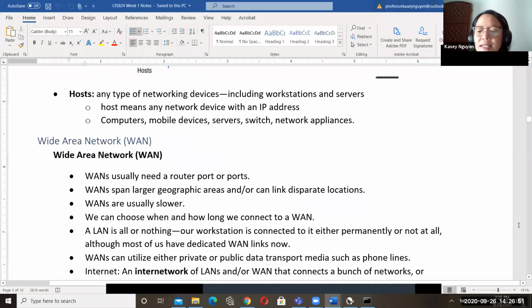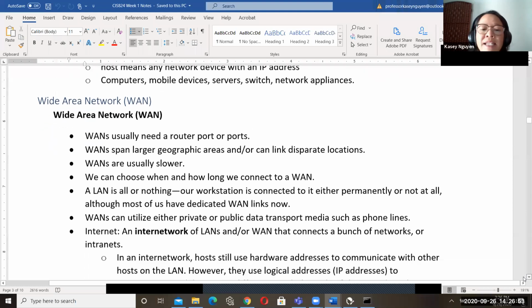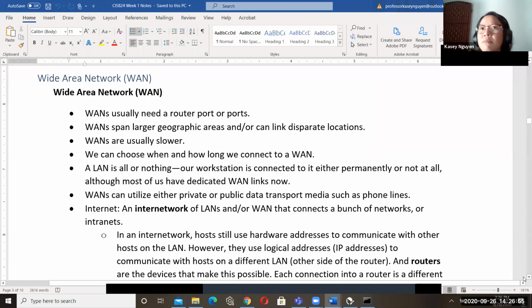Now going back to this, you kind of have an idea of how data is routed from one end to the next. It would go to a larger geographic area. And so without local area networks, we won't have the larger WAN, because a WAN is built on many LANs, right?